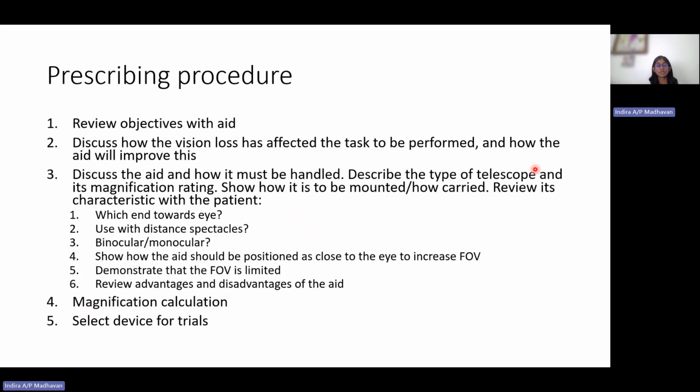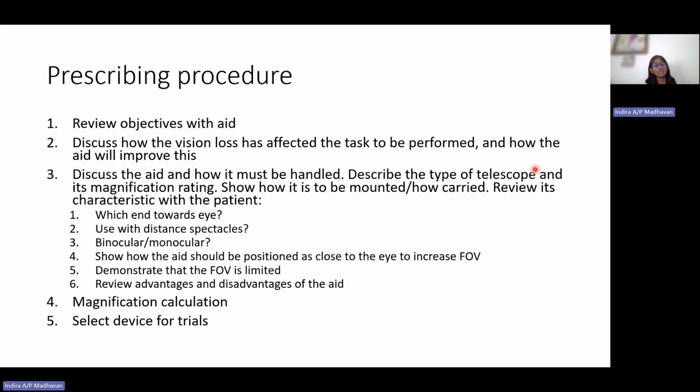So prescribing a telescope is not like spectacles, where the patient comes in, you do history taking, you check VA, you do refraction, and then you prescribe. No. This one takes time because it's a very new instrument. It is not something regularly used by the public.